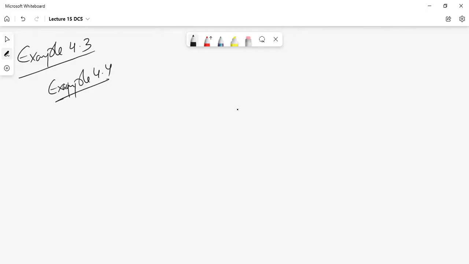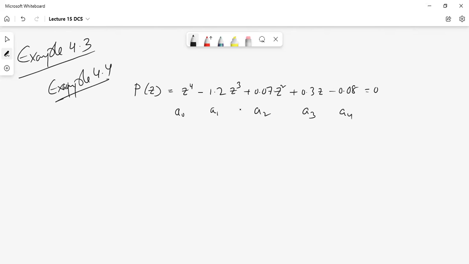Okay, say we have Pz given. The characteristic equation is z to the power 4 minus 1.2 z to the power 3 plus 0.07 z square plus 0.3 z minus 0.08 equal to 0. This is the characteristic equation given, and the coefficients are a0, a1, a2, a3, a4.